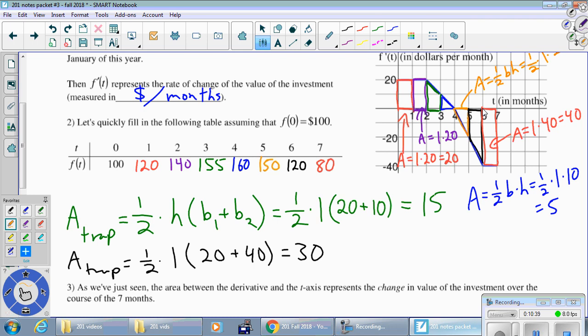Without doing all of the intermediate calculations, what if we just found the signed area up here? So all of this space, that's going to be where we gain money, and also all of this space down here, which of course means that we've lost money. So if we just did the total signed area, so we combined the positive stuff above with the negative stuff below, what would we get?